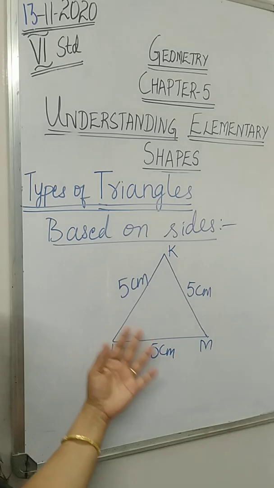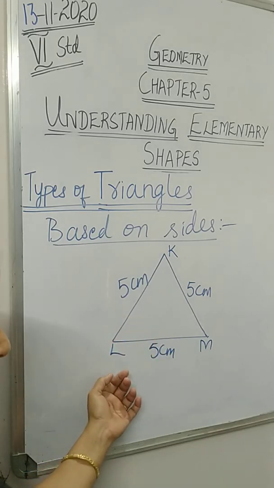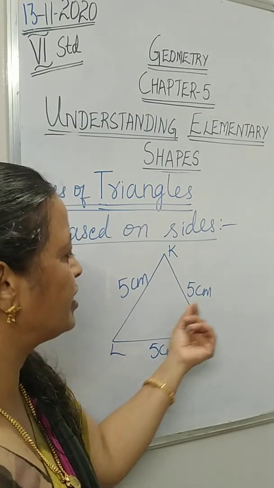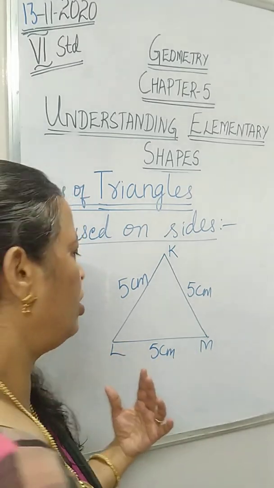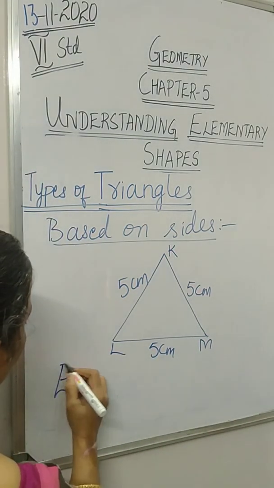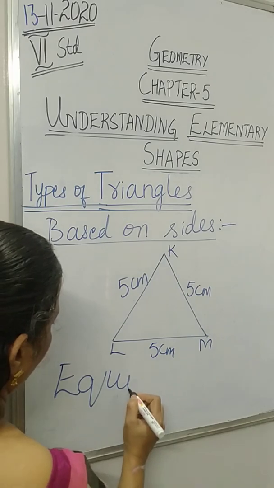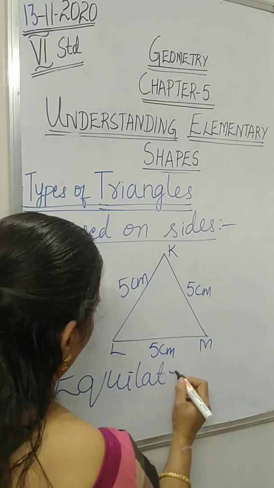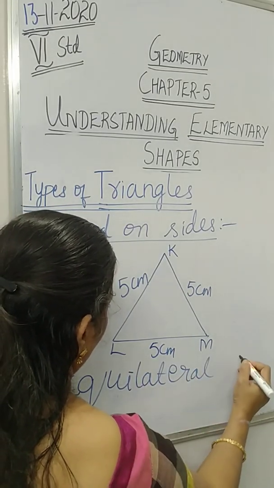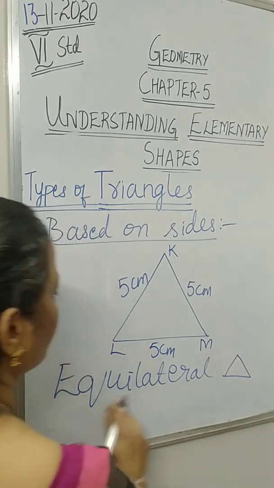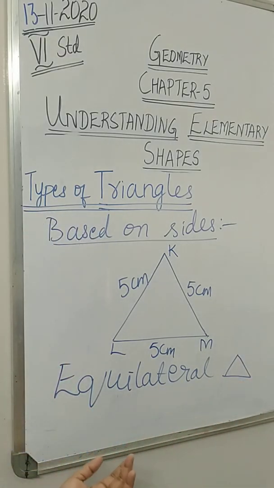So this type of triangle where all the sides are equal is called an equilateral triangle. This is a symbol for triangle. What do you mean by equilateral triangle?